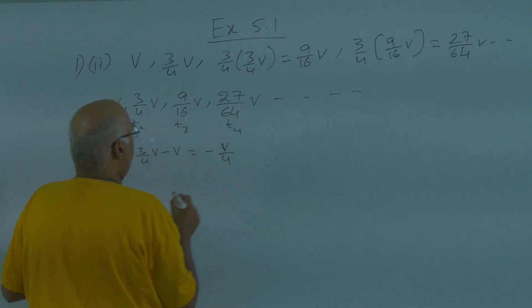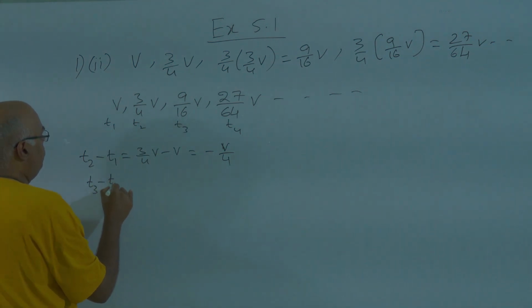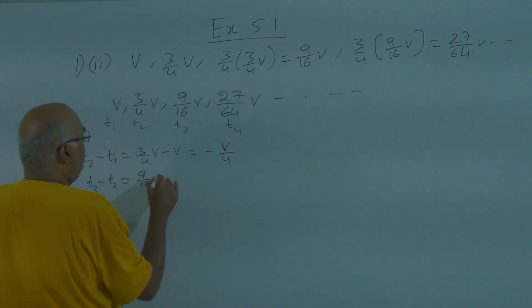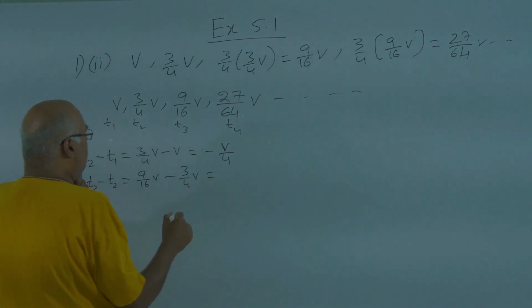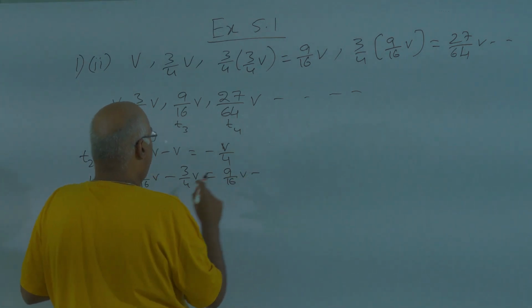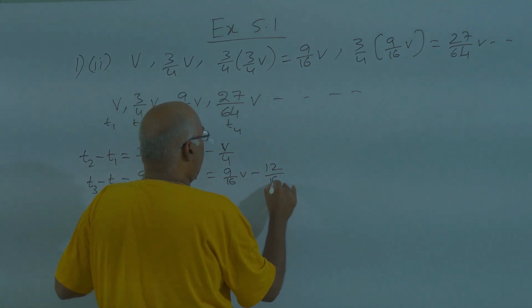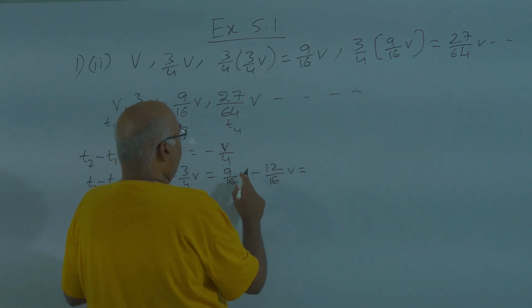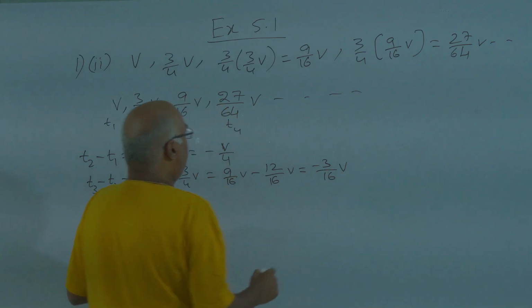Now T3 minus T2 is 9 by 16 V minus 3 by 4 V. If you multiply by 4, this is 9 by 16 V minus 12 by 16 V, which is equal to minus 3 by 16 V.